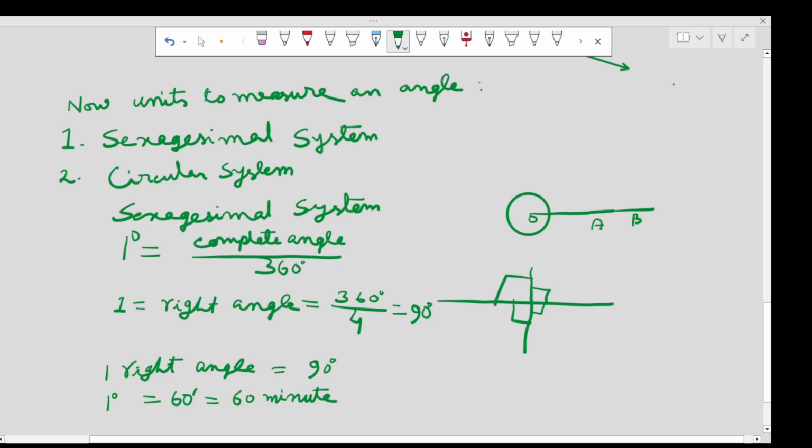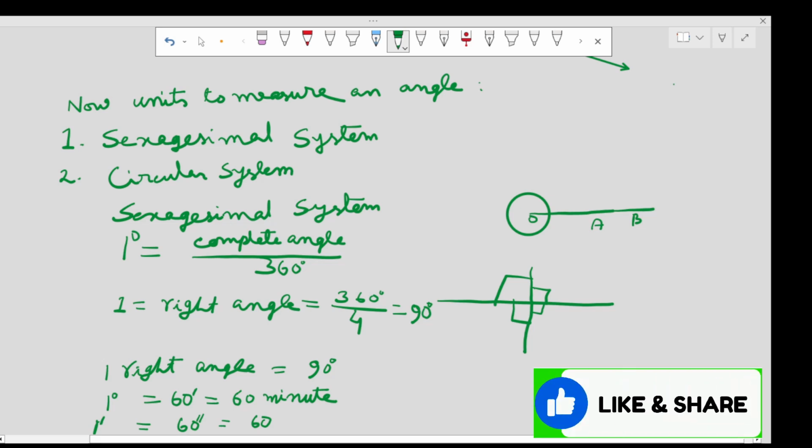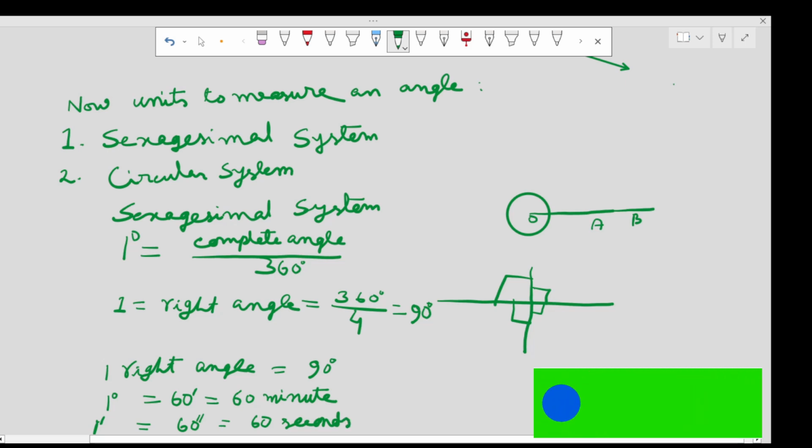More division is there. 1 minute is equal to 60 seconds. If this symbol is used, then this is 60 seconds. But if we write this in language, without this symbol, we should write 60 seconds.